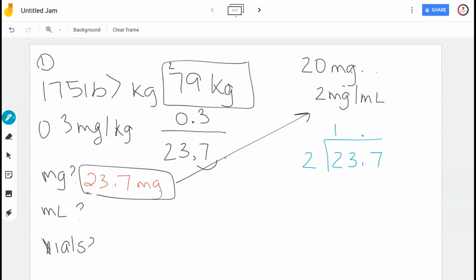Bring the decimal up. Add a 0, bring it down.